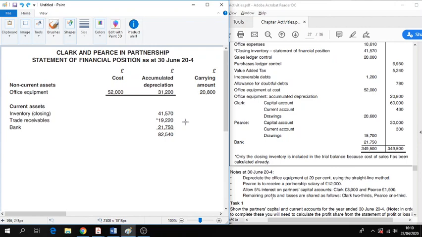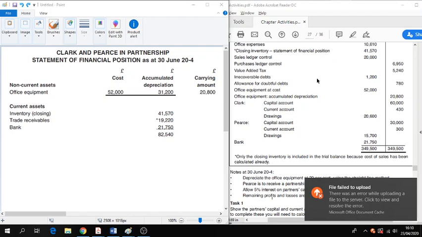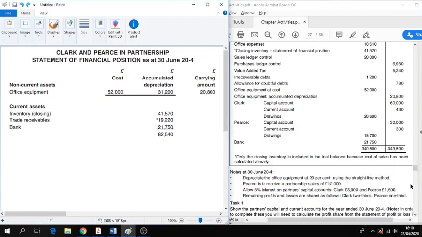On that note, irrecoverable debts, which is here, this is already in the trial balance. You don't need to worry about taking that off. A lot of students, what they do is they see irrecoverable debts and they take it off SLC. The reason why we're not taking this off is because it has already gone through the books.